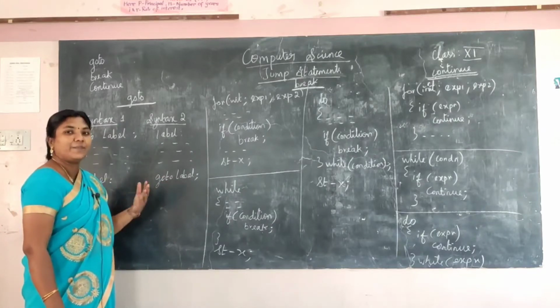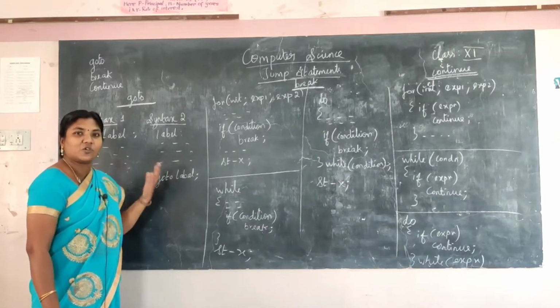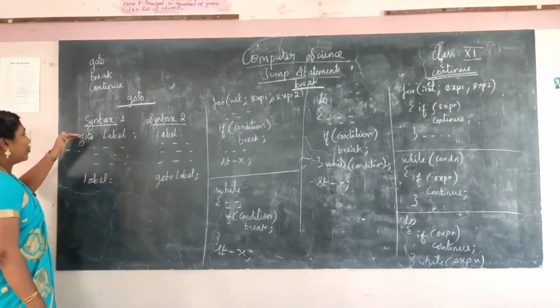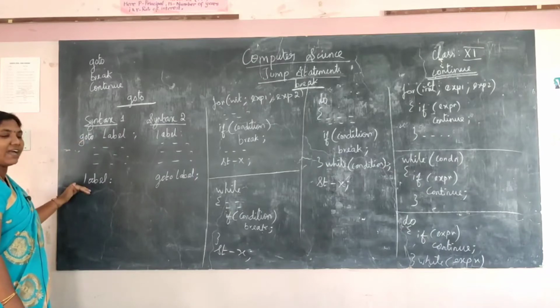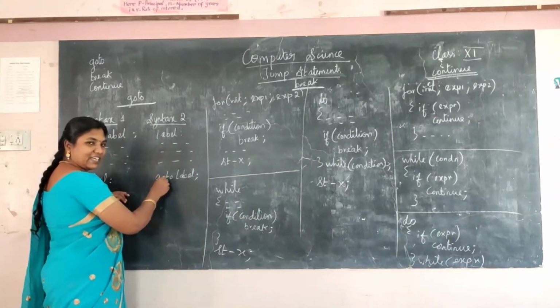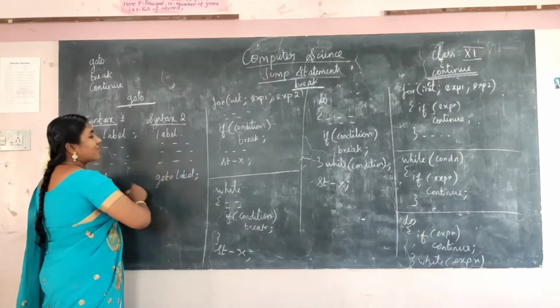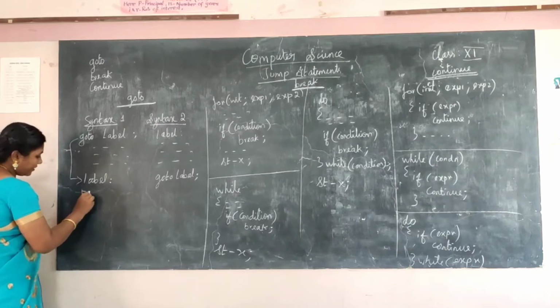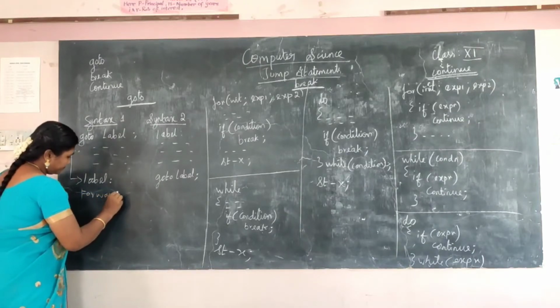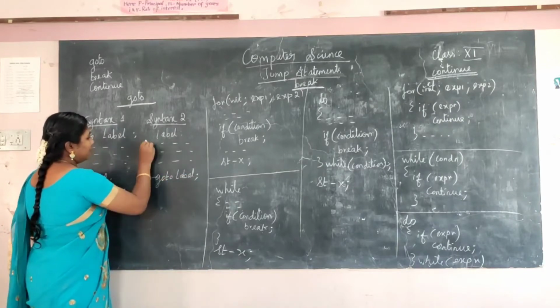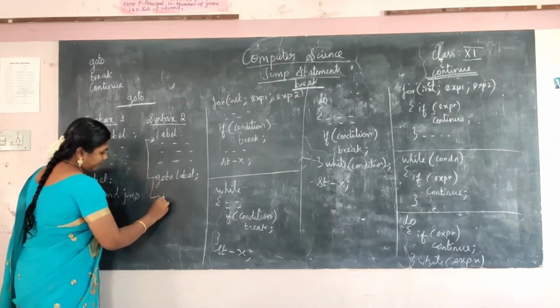So you can have the label anywhere and the goto statement also anywhere. The first is called a forward jump, because after the goto statement you have the label. In the second, the goto statement is below, so it has to go backwards. So this is called a backward jump.